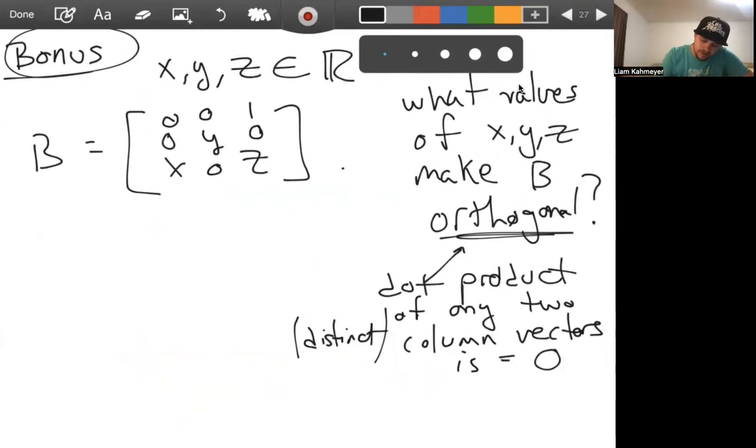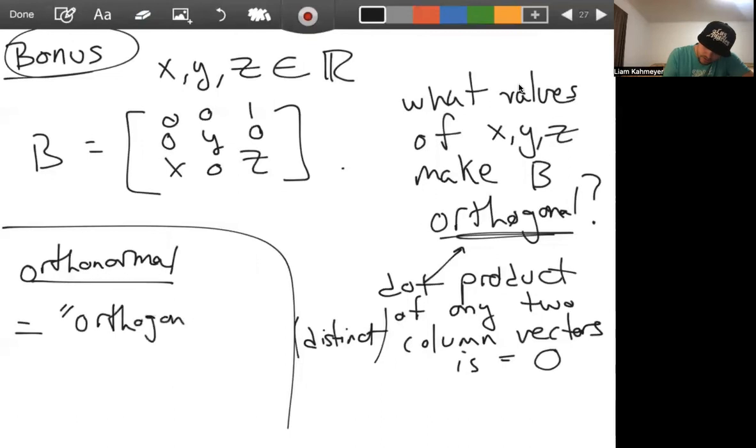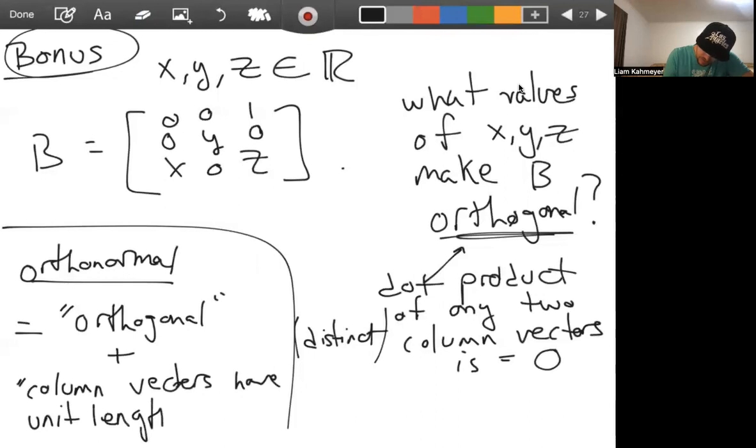And remember, just for review here, orthonormal is equal to orthogonal plus the column vectors have unit length or magnitude 1, right? So just for review.